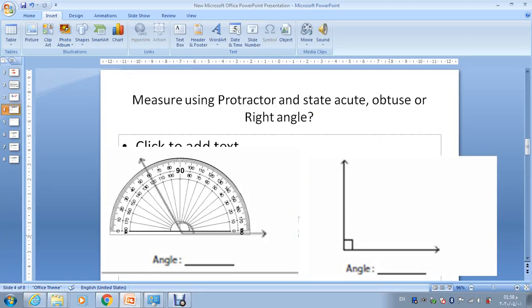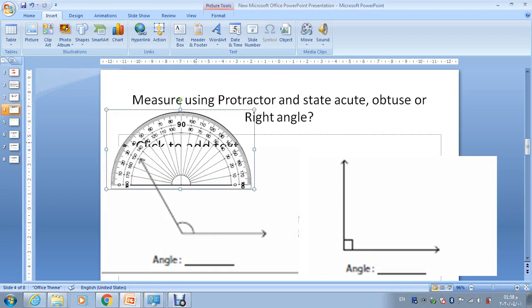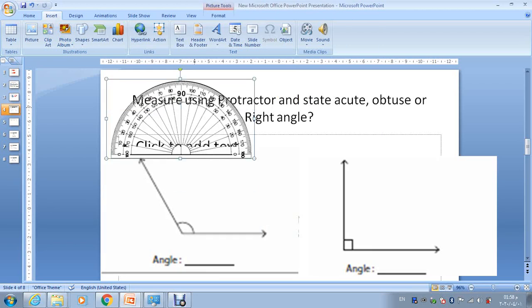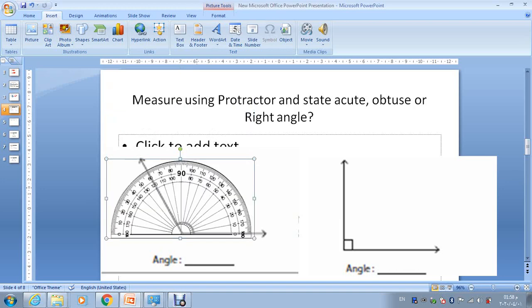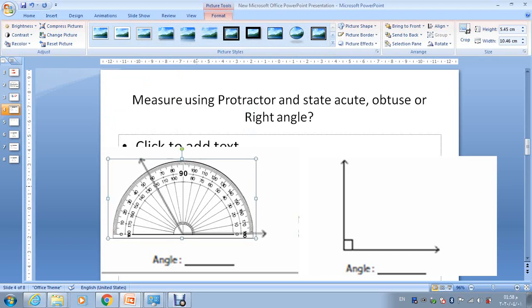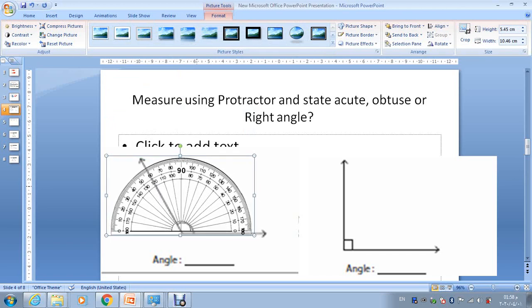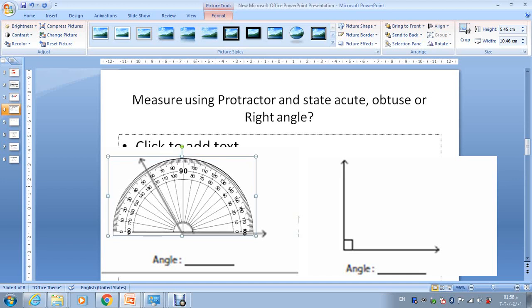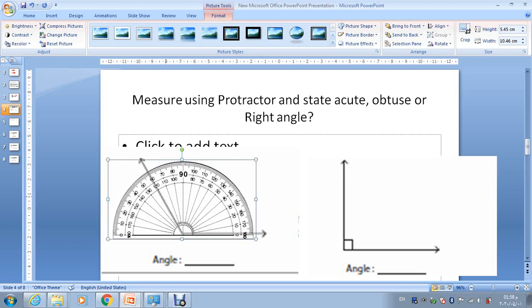Let's now go for the next question. It asks you to measure using the protractor and state acute, obtuse, or right angle. So here, this is the first question. It asks you to measure this angle. I will put the protractor exactly in the middle on the vertex, and it measures from the 0 until 120.